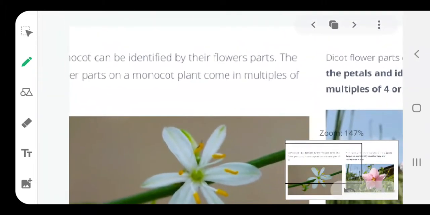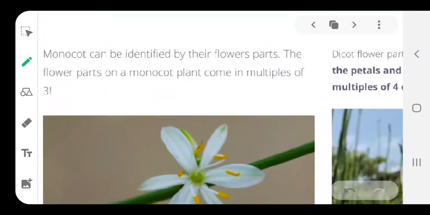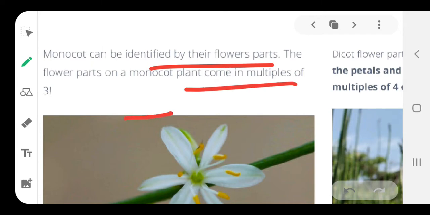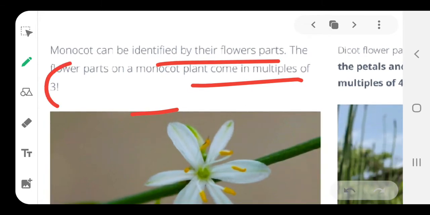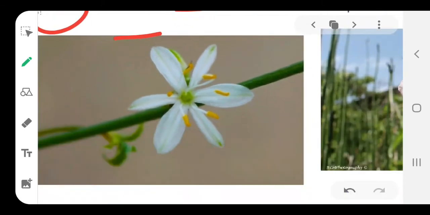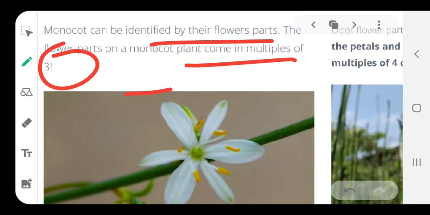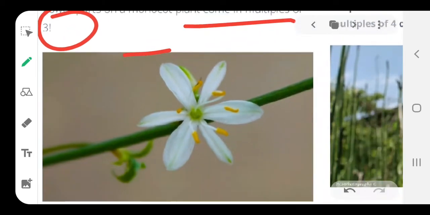Now come to the second point of difference. You can see the monocots can be identified by their flower parts also. By looking at the flower, you can say whether the plant is monocot or dicot. Why? Because the monocot plants have flower parts in multiples of 3. So you can see the flower parts 1, 2, 3, 4.